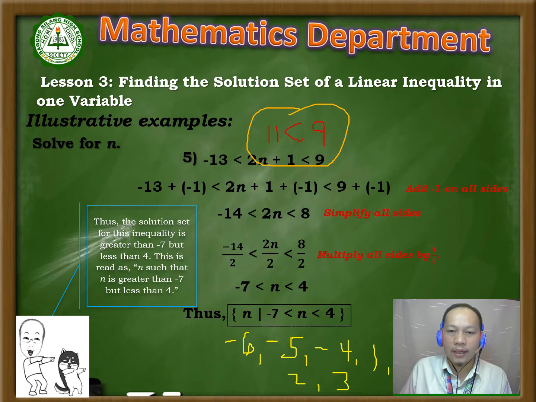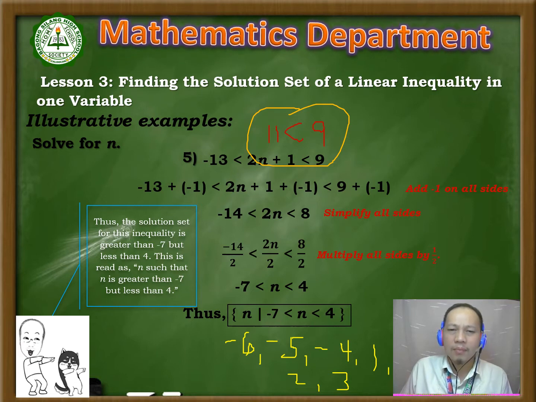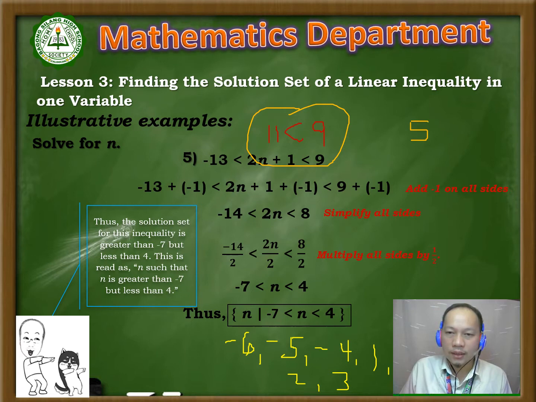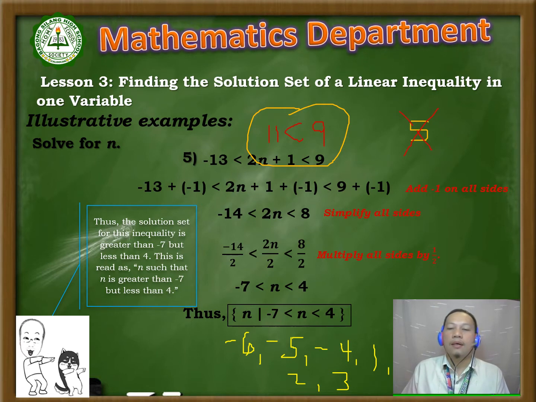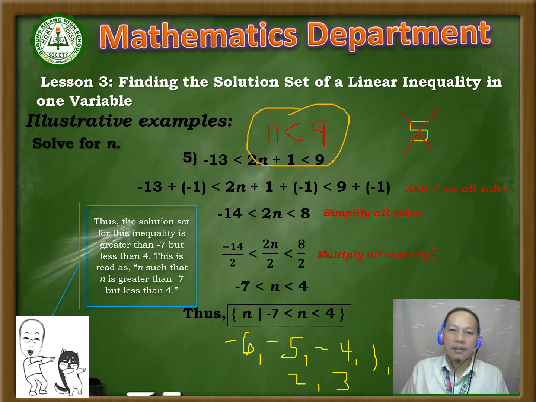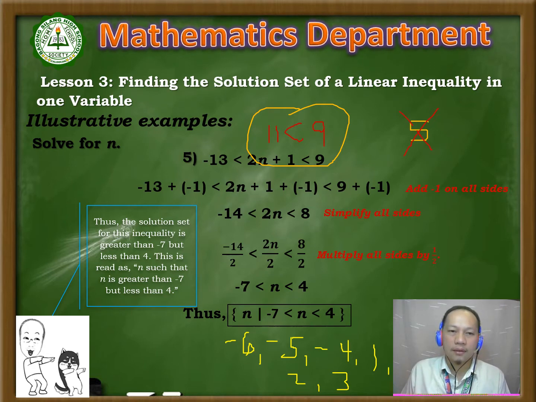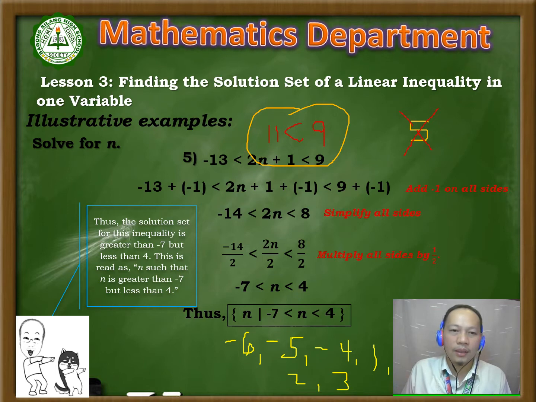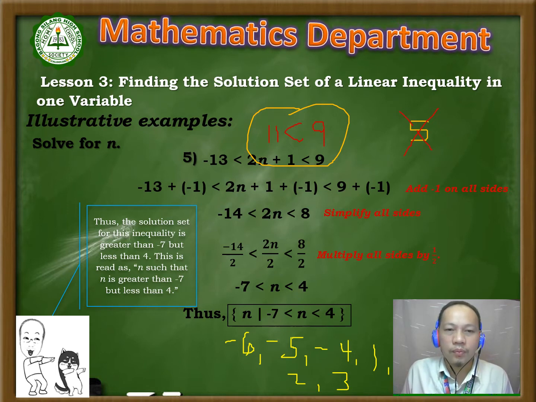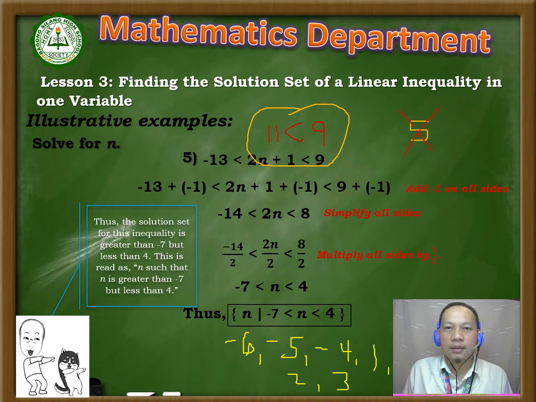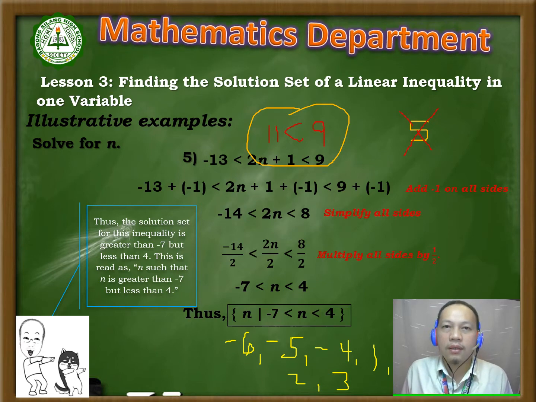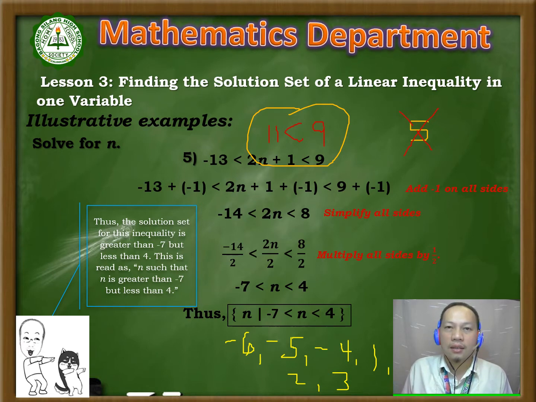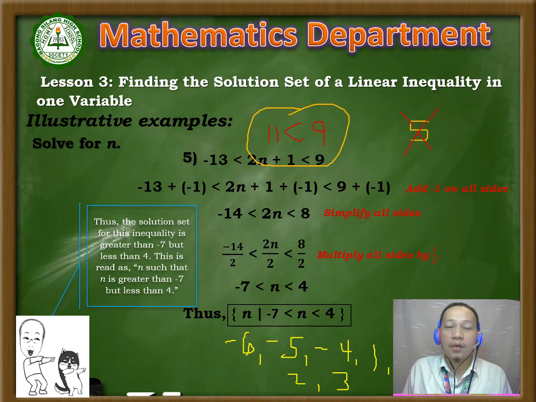So that's why positive 5 is not a solution for this inequality. That's how you solve a linear inequality using properties of inequality.